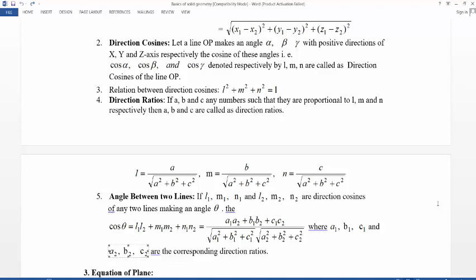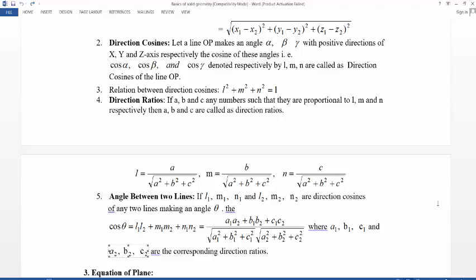Then the cosine of this angle, that means cos alpha, cos beta, cos gamma, they are denoted respectively by L, M, N, and these L, M, N are called the direction cosine of the line OP. Relation between direction cosine: always note that L square plus M square plus N square is always 1.